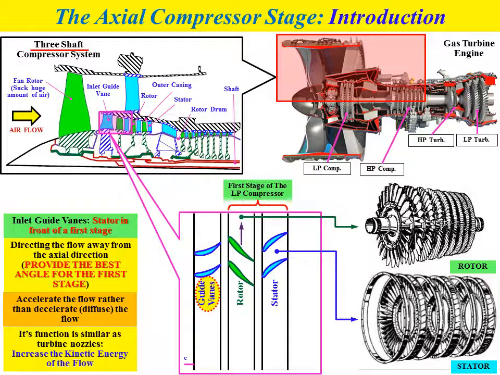If you look at the schematic diagram of the guide vane, rotor and stator arrangement in terms of velocity profile, you can see that throughout the guide vane, the velocity of the air will slightly increase. When the air flows through the rotor, the velocity of the fluid will drastically increase. After entering the stator, the velocity of the fluid will reduce because the energy of the fluid already decreased.